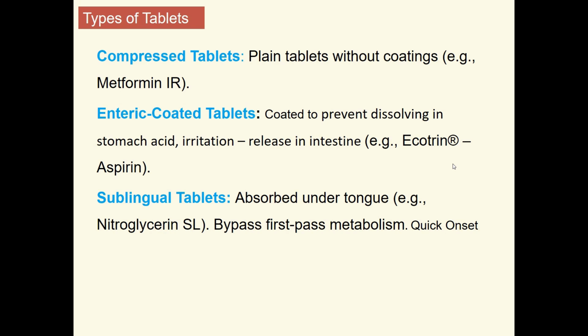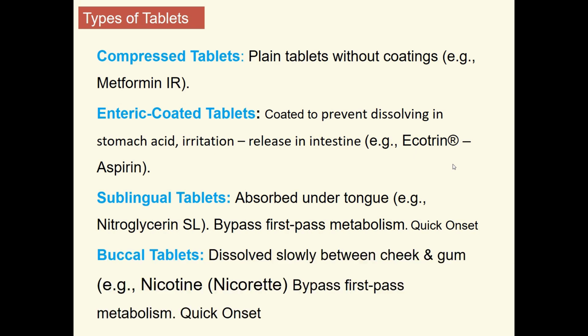Sublingual tablets have direct systemic absorption, so they produce a quick onset of effect. Next, buccal tablets. Buccal tablets dissolve between the cheek and gum. Example, Nicorette or nicotine gum, which is also designed to bypass first-pass metabolism and has a quick onset of effect.